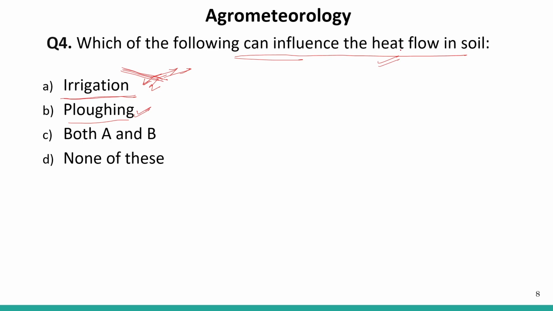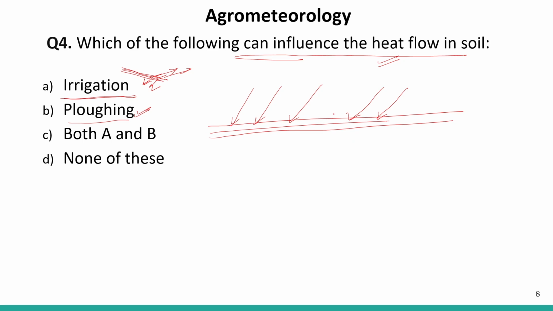If the surface layer of the soil is very, very hard, then the heat will not flow into the inner layers of the soil. It can flow into the upper surface layer but not deep into the soil. So when you plow the field, this layer becomes loose and heat can flow deep now. So plowing helps heat flow into the soil.